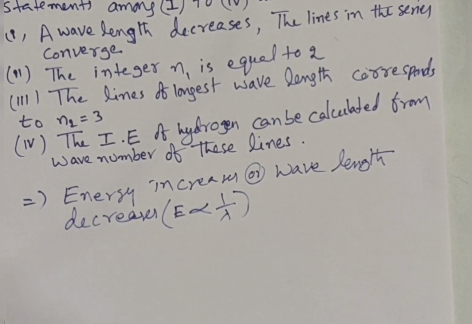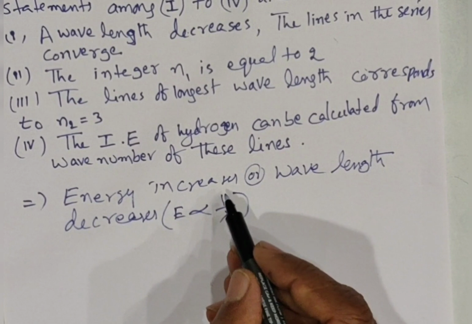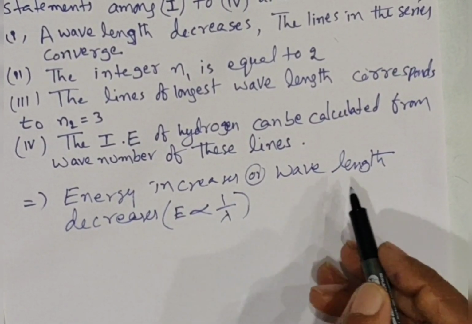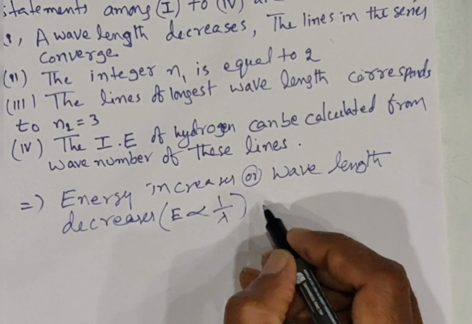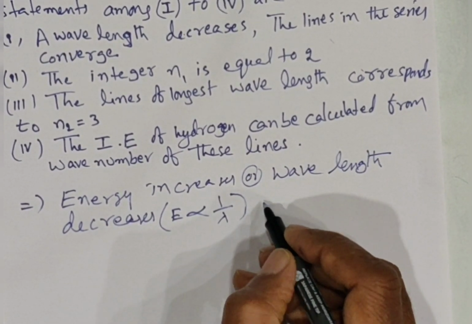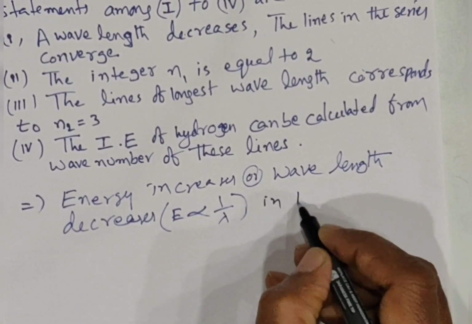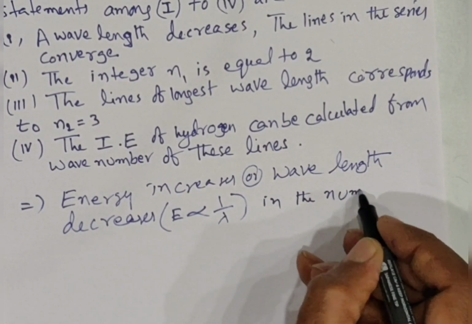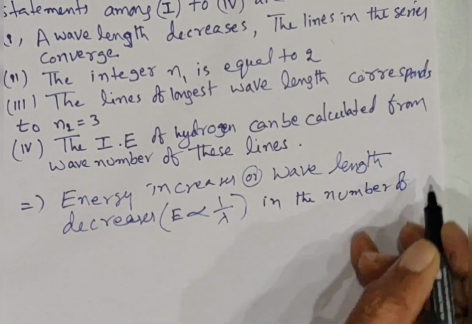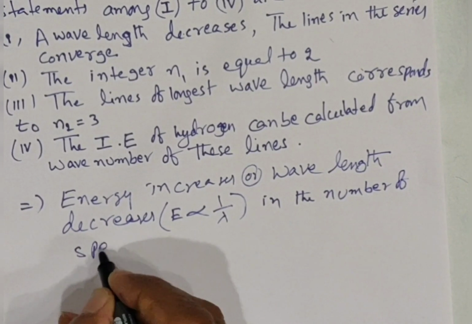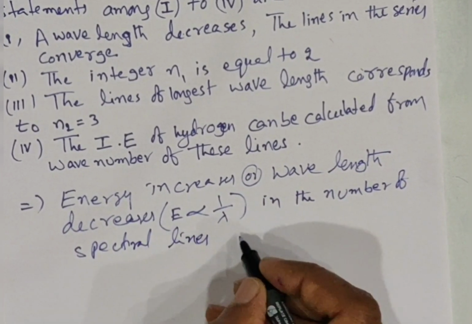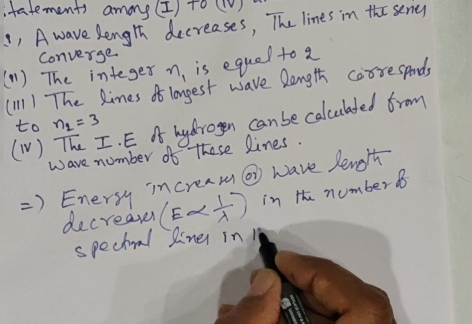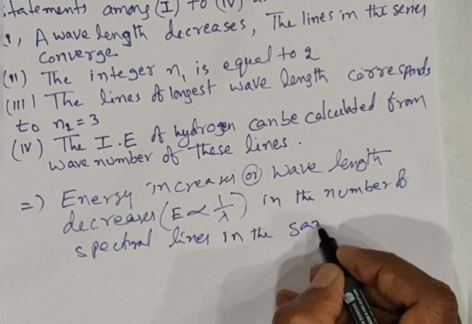If wavelength is more, energy is less. Energy increases or wavelength decreases with the increase in the number of spectral lines in the same series.